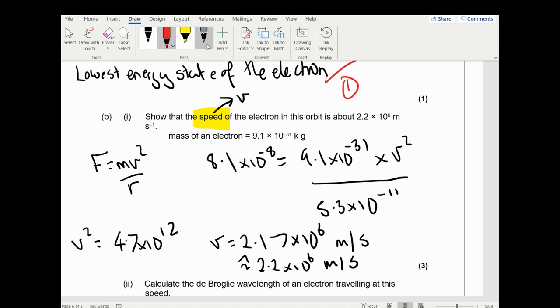I always write what the decimal point is, and then I say it's approximately equal to it. So 1 mark for actually using the formula, 1 mark for doing it, and 1 mark for actually getting the answer there. So again, this is a circular motion question, and I've made sure I've identified that the speed they meant was in meters per second, so I label that.